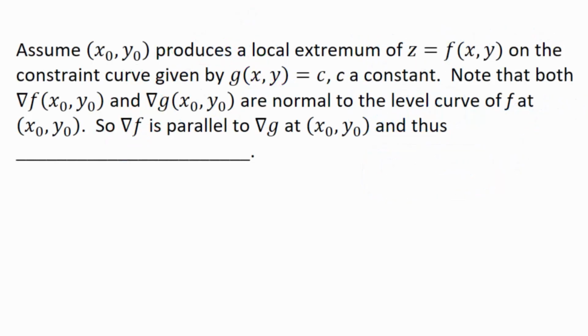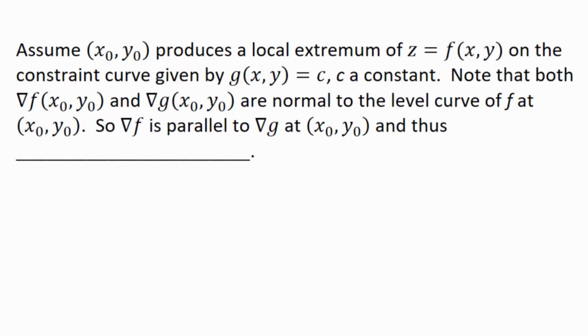Okay, so what did we just develop here? Well, here's the official wording, I suppose. Assume x naught, y naught produces a local extremum, so I generalized it. It could be a local max or local min, of z equals f of x, y on the constraint curve given by g of x, y equals c, where c is a constant. Note that both del f evaluated at x naught, y naught and del g evaluated at x naught, y naught are normal to the level curve of f at x naught, y naught.